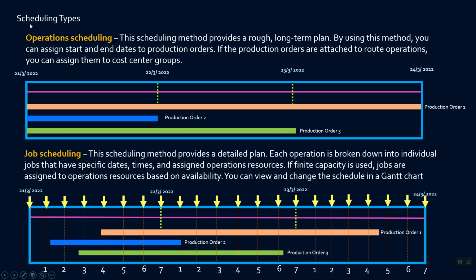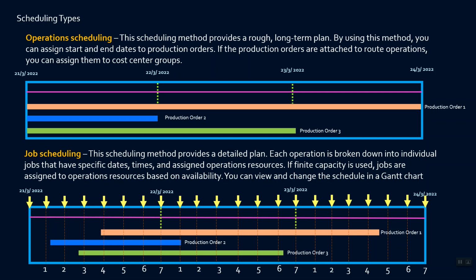If you check out scheduling, operation scheduling. So operation scheduling is mostly used in manufacturing principles like engineer to order, because they don't want minute details, because their projects are huge. It will take months, years, or decades also. Okay, like shipbuilding, aeroplane building, or train building.